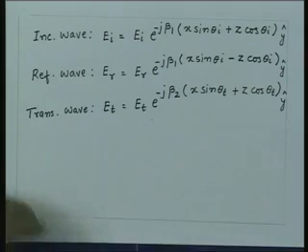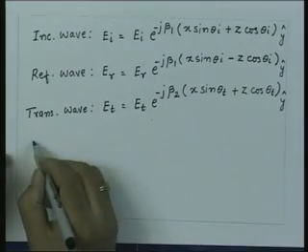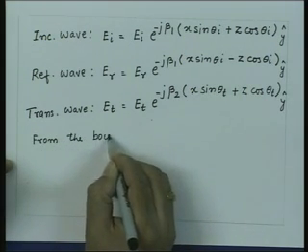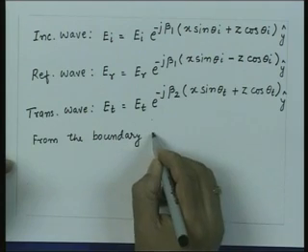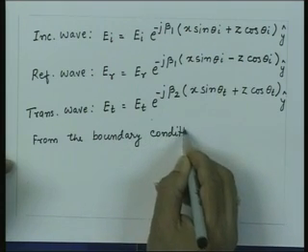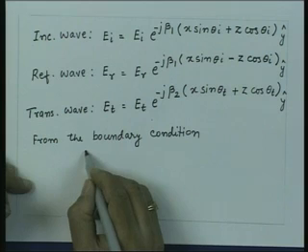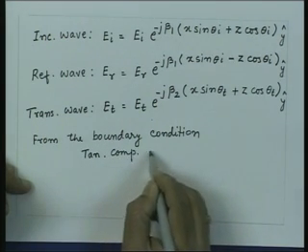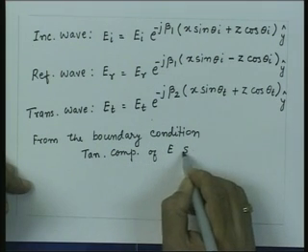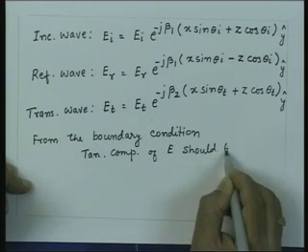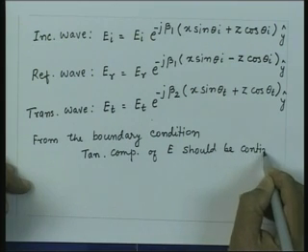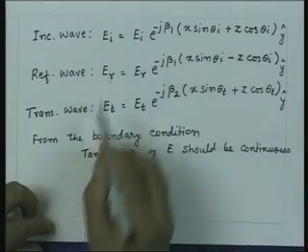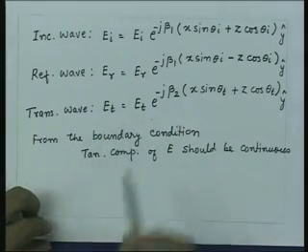So, essentially from the boundary condition, that tangential component of E should be continuous, we will get from here EI plus ER is equal to ET.